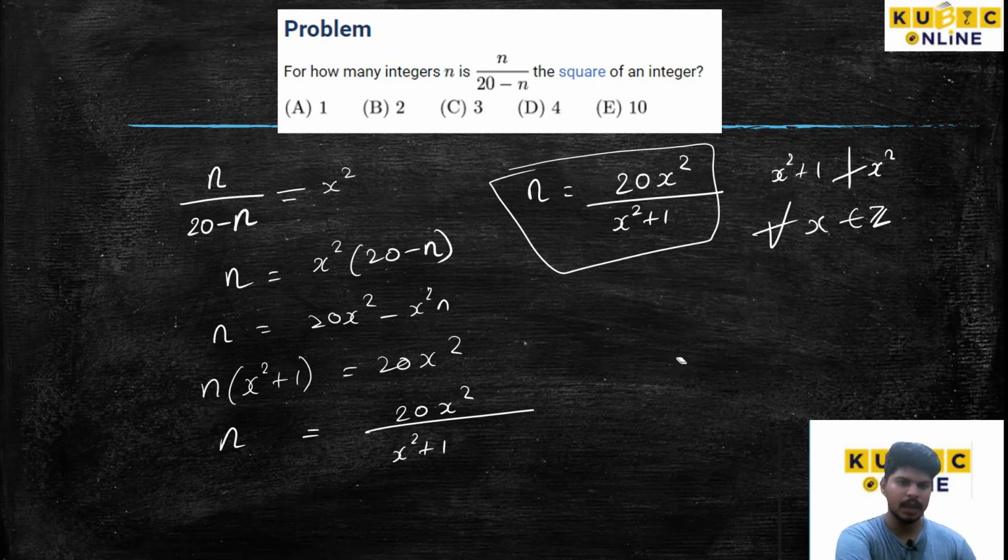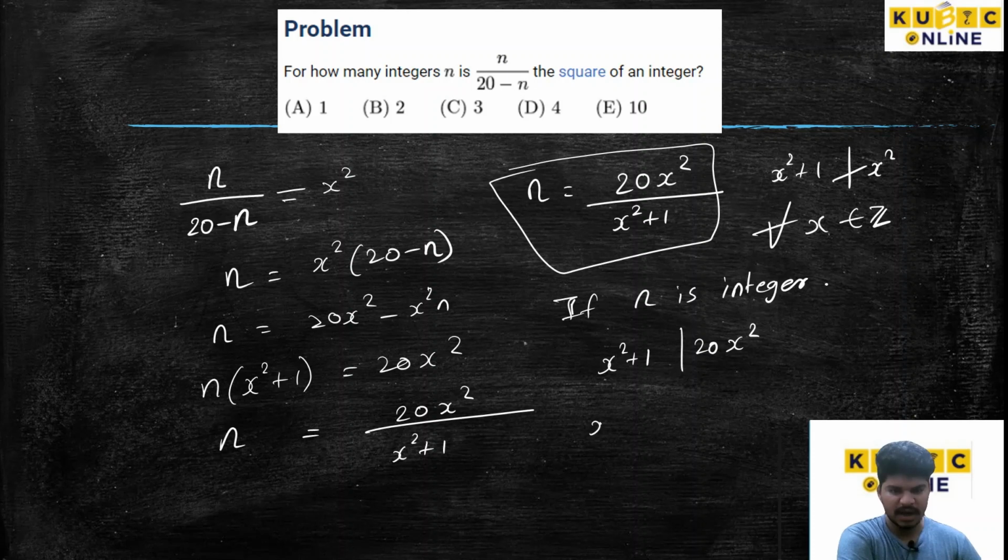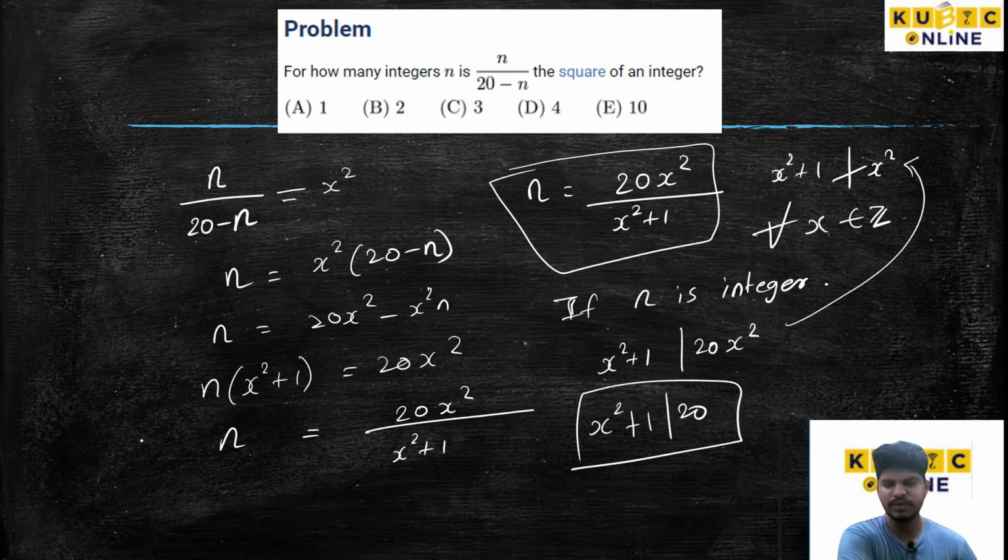Now, if n is an integer, then x square plus 1 divides 20x square, and x square plus 1 does not divide x square, so x square plus 1 will divide 20. It has to divide 20.